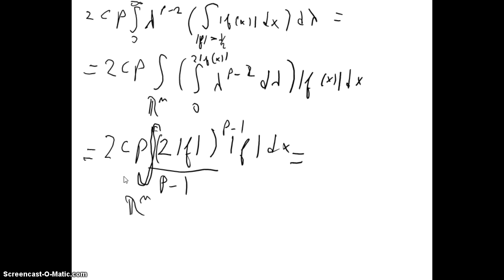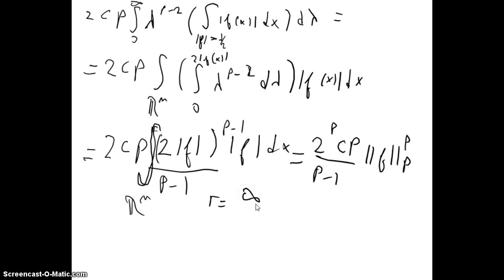So this will be equal to 2p c over p minus 1 times the norm of f in Lp to the p. This will give us the result for r equals infinity, because we found the bound for the absolute value of T f in Lp, and now that depends on the norm of f in Lp.